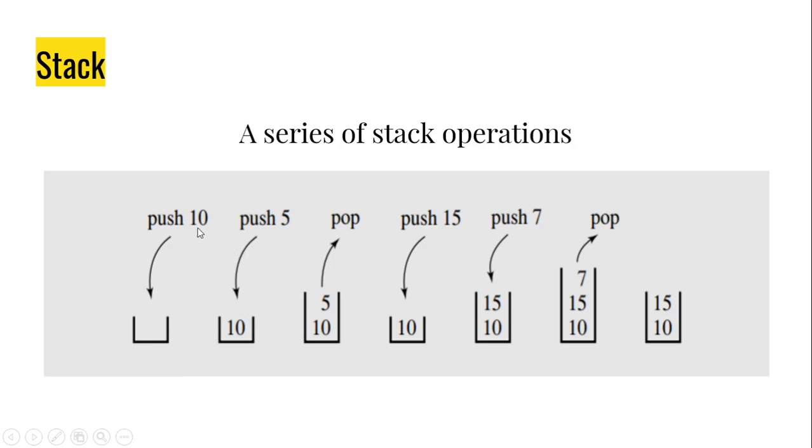So here we push element 10, and element 10 is added in our list. And we have another added element, which is 5. So push 5. The element 5 will be inserted on top of 10. So the new top element now is the element 5, as you notice here.